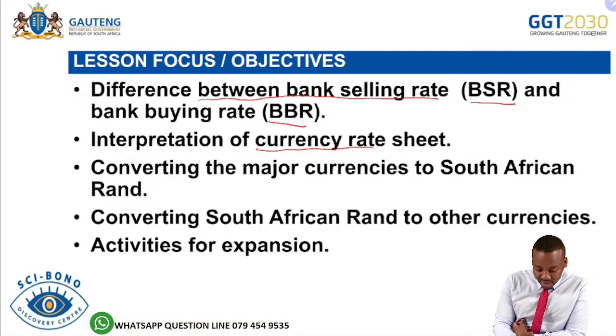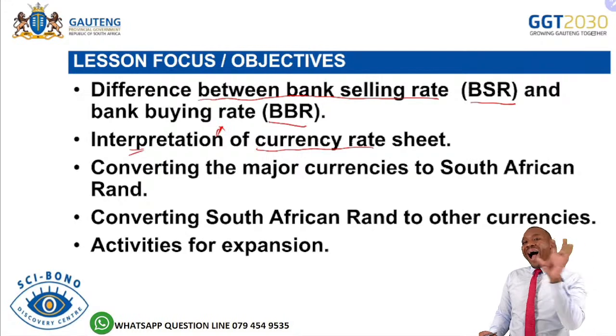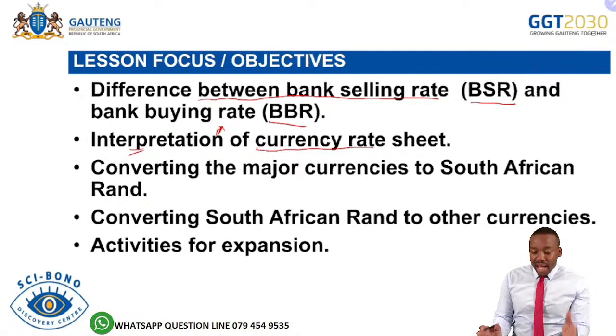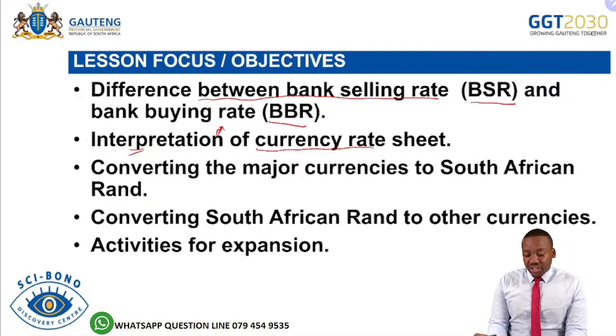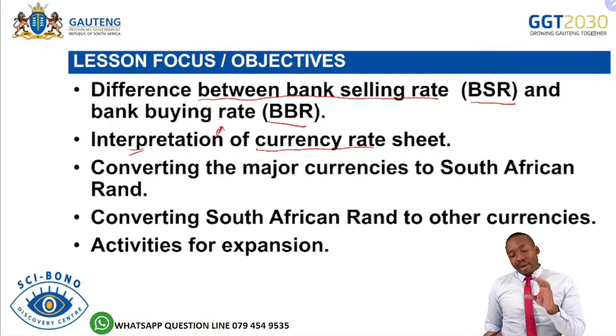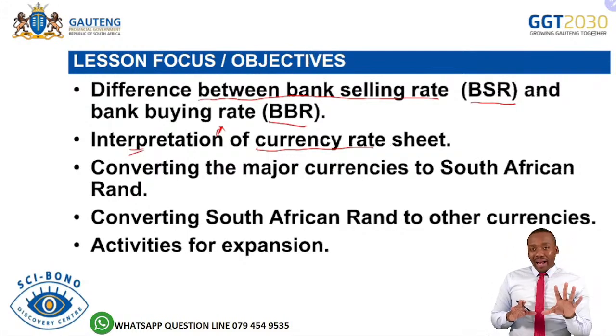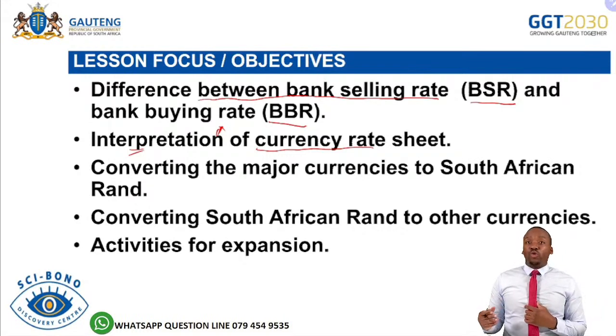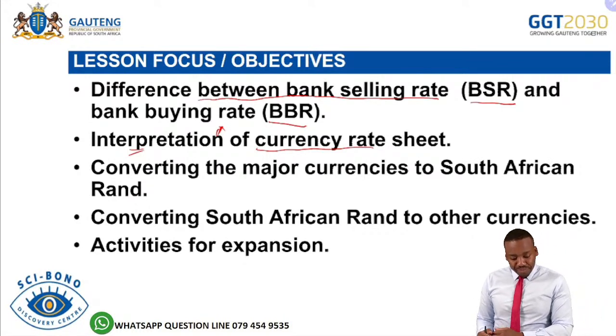The main thing I will be teaching today is how to analyze and interpret a currency exchange rate sheet, because before you do your calculations, you will come across a currency rate sheet table whereby you need to know how to analyze and break it down.